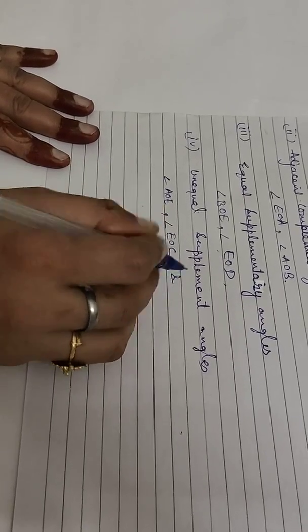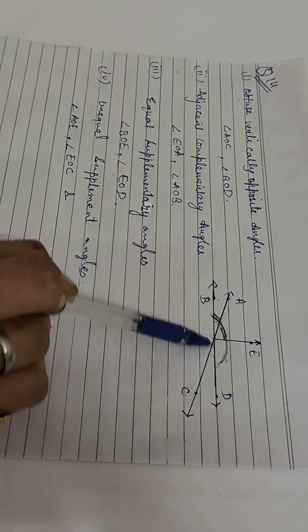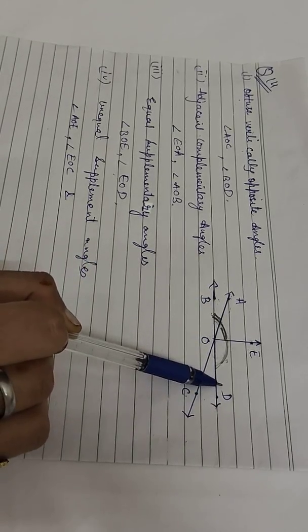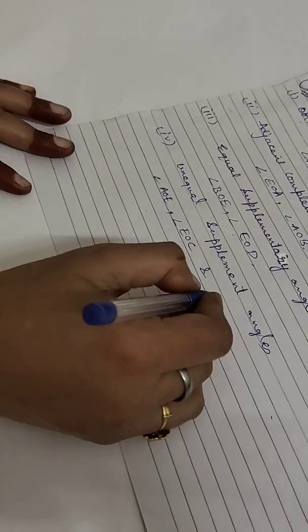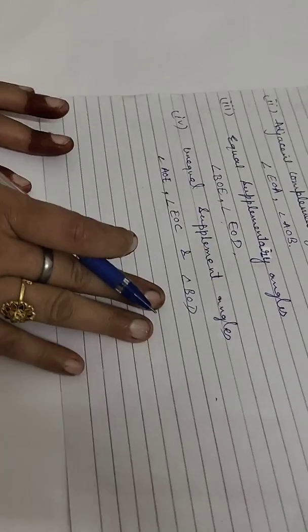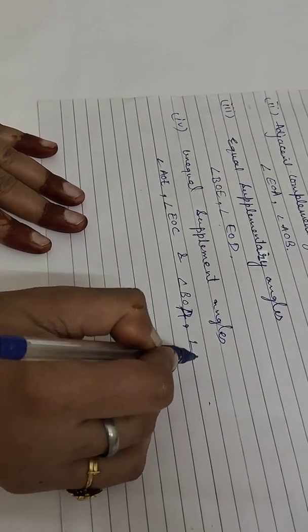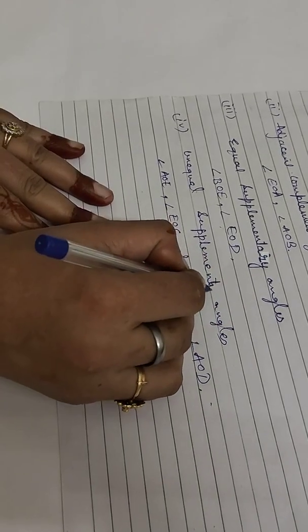Let us write one more pair. What can be the second pair? If we take this straight line, then BOA and AOD. Are they equal? No, but they make supplementary angles. So we can write angle BOA and angle AOD. If you find more angles, you can write more pairs for unequal supplementary angles.